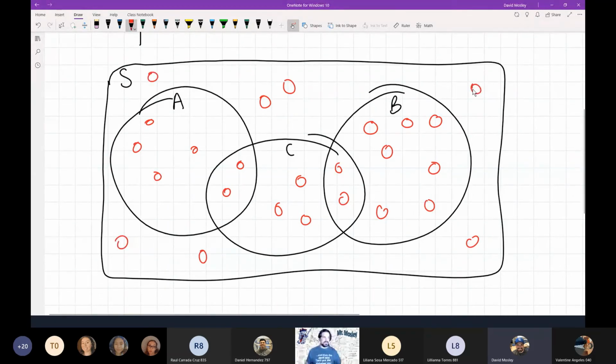So this is my entire sample space. I have 1, 2, 3, 4, 5, 6, 7, 8, 9, 10, 11, 12, 13, 14... So I have 25 possible outcomes.